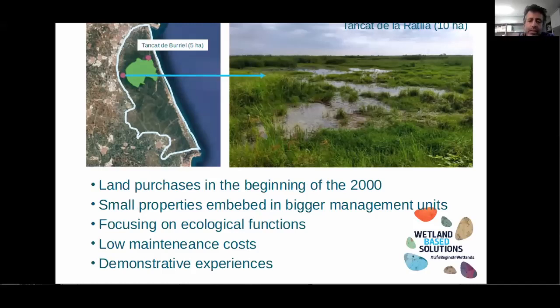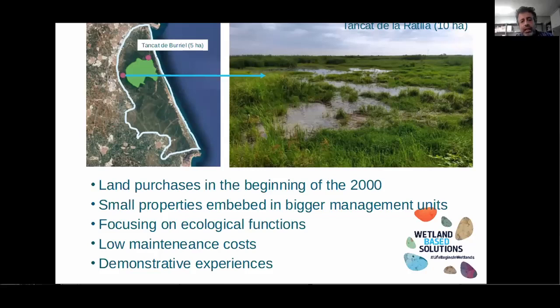Rice fields here in Albufera are organized by small communities irrigating several small rice fields. In the constructed wetlands, the strategy was to build over all the rice fields of the community, and in this small wetland, there is only a single rice field.